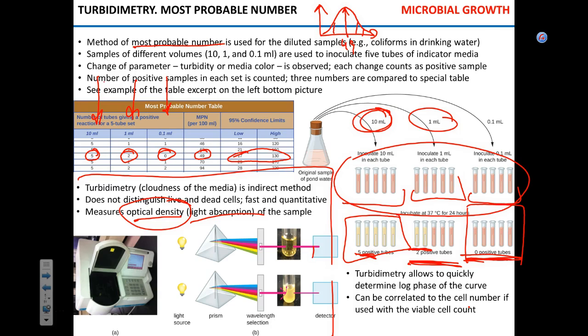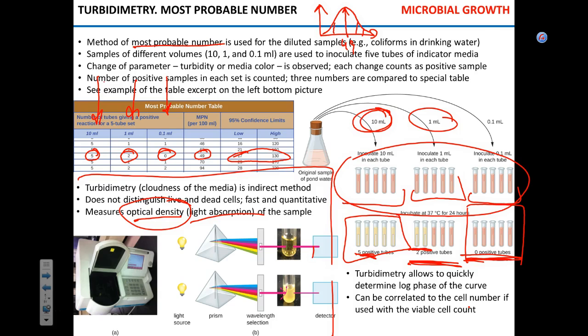Now, why is it convenient? We can correlate the risk of, I don't know, acquiring a digestive infection while swimming in the lake water with the most probable number of microbes that we detect on a certain day. And we can figure out the limits.